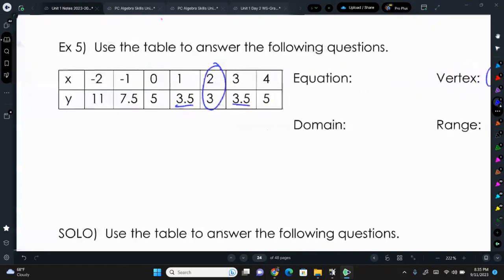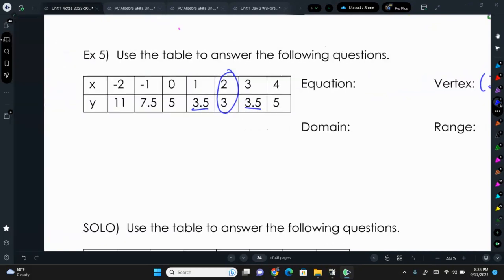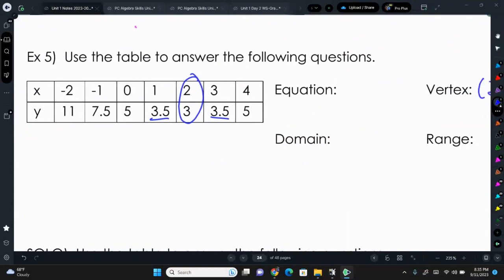Now the equation, you say, well, which form do you want the equation in? You could use any form you want, but I don't see any x-intercepts in this table. I don't see y equals 0 anywhere, so our x-intercepts are not found from this table, so we have to use vertex form.